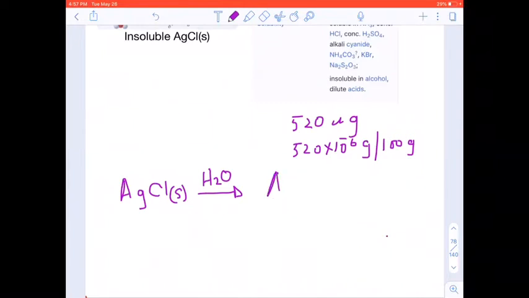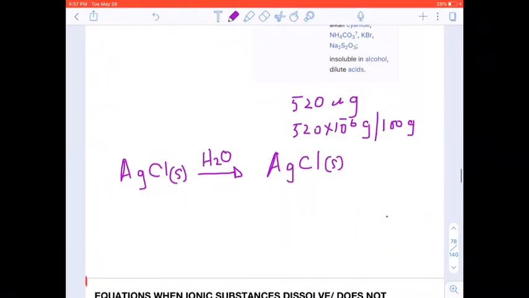It remains the same, AgCl solid. Nothing happens, it does not dissolve. As you can see, I've said it's a solid, I've added it to water, and it remains a solid, so it is insoluble in water.